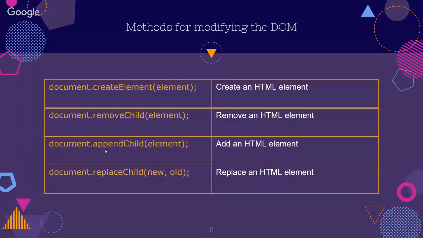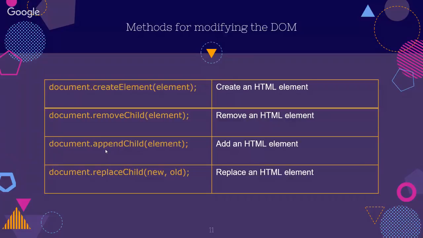The replace child method replaces a child element with another one. Inside the parentheses, we specify first the element we want to insert in the DOM, and the next parameter is the element we want to remove. So we must have a reference to the new element and the old one.